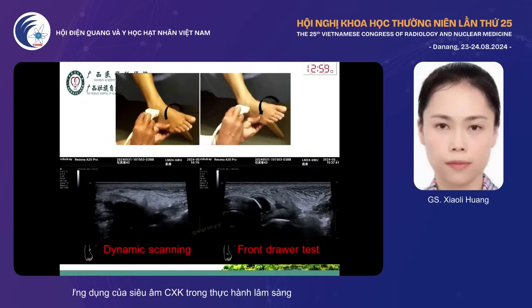I'm sorry, the dynamic videos can be played. From the video, we can see that it is a complete rupture.